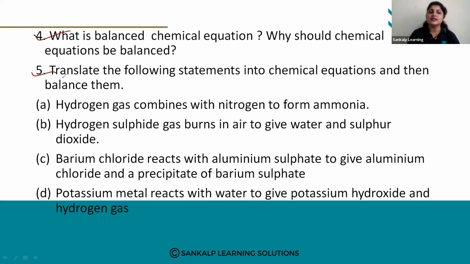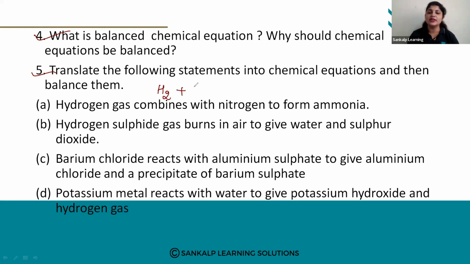Then the next question: translate the following statements into chemical equations and then balance them. You need to write the chemical equations for the following statement, and then you have to balance it. Hydrogen gas means H2.